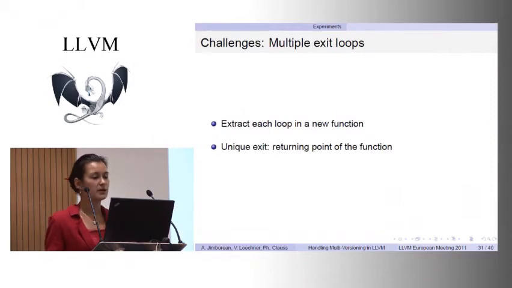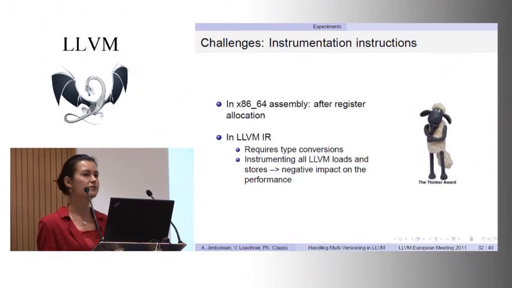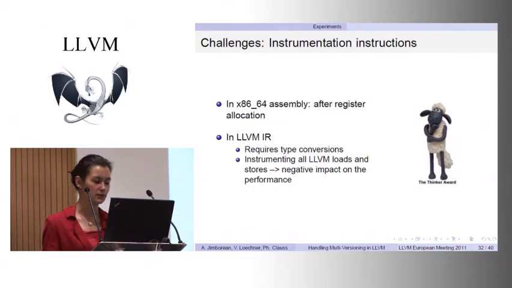Another challenge that we had to face was where to insert the instrumentation instructions. Do we need to convert the instrumented version into x86, or can we do it at the LLVM IR level? We decided for our purposes to do it in x86-64 because we had the register allocation already performed, so we know exactly which location we obtain.